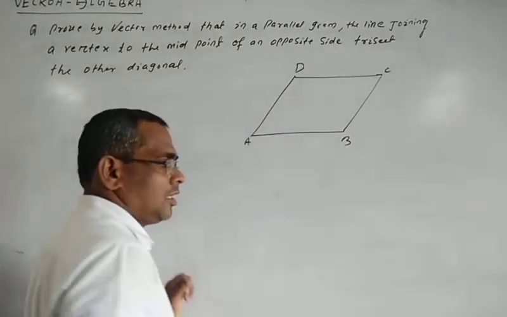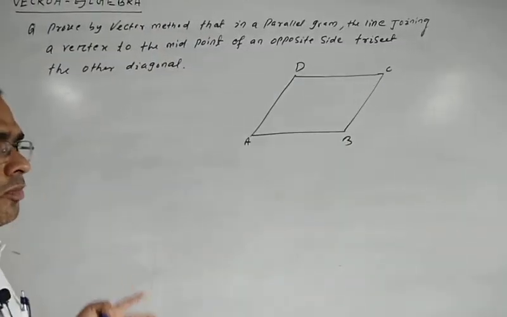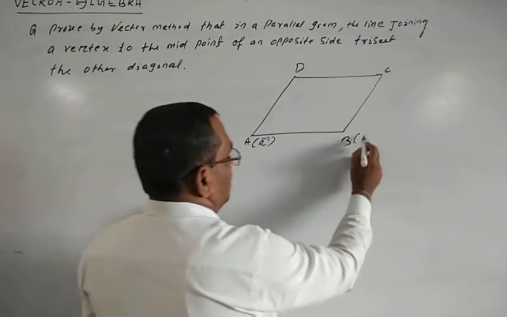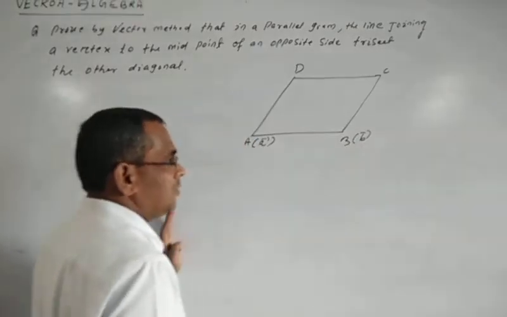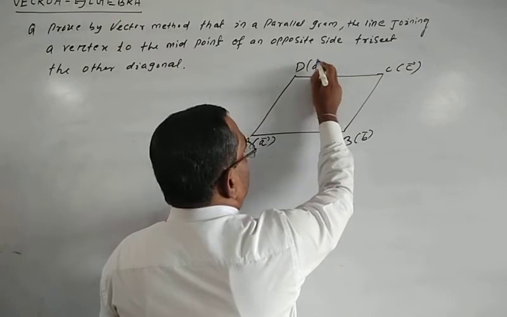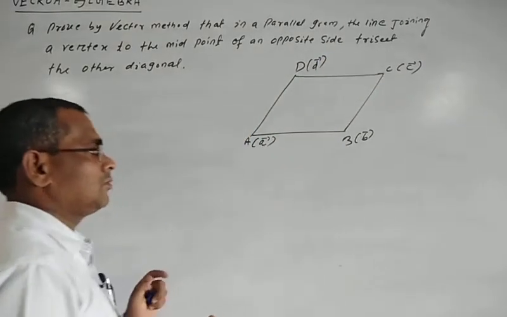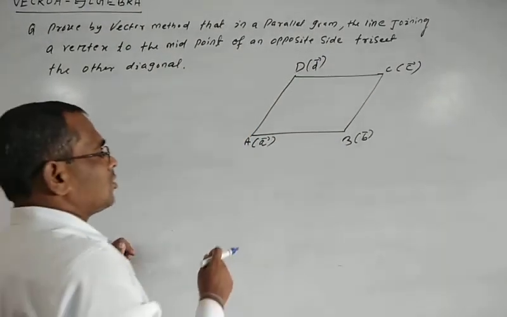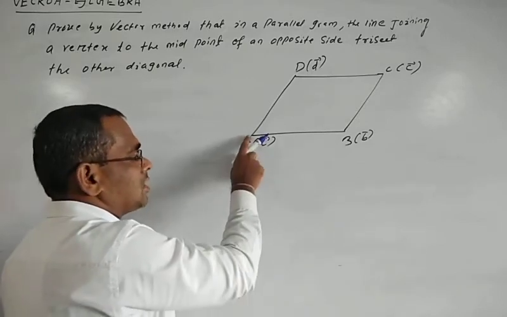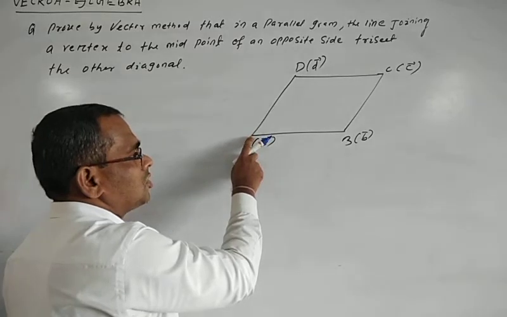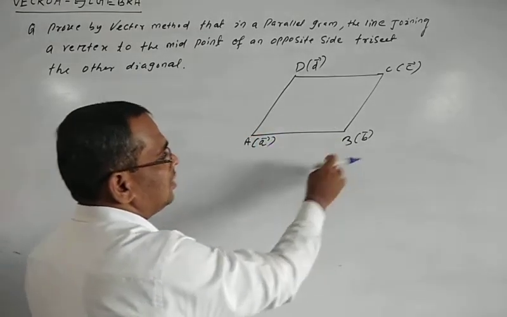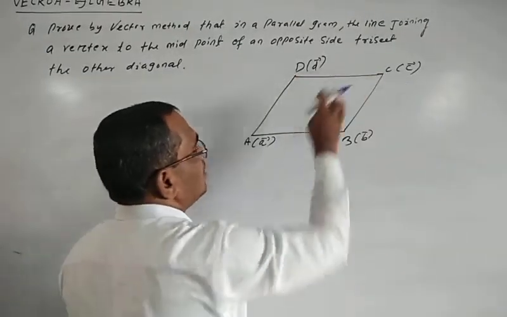Now we take the position vectors of its vertices: the position vector of A is A vector, of B is B vector, of C is C vector, and of D is D vector. Suppose we draw the line segment from vertex A to the opposite side; the sides opposite to vertex A are BC and DC.